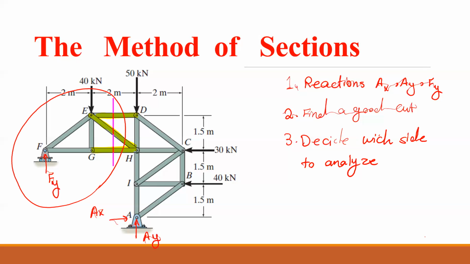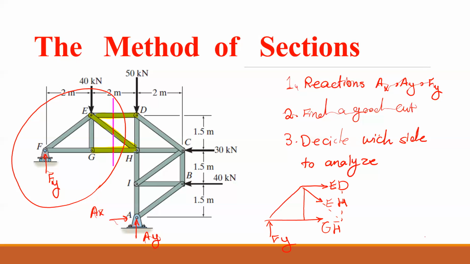So I'm going to draw the side that I'm going to analyze. So I have Fy, the force in GH, EH, and ED, right? So it's an imaginary cut. So we have it like this.